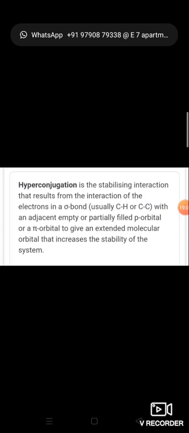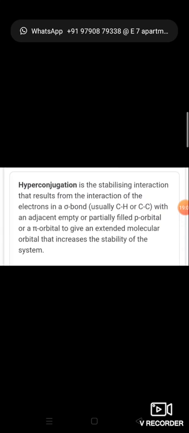In chloroethane, CH3CH2Cl, the carbon and chlorine bond is a polar covalent bond, polarized in such a way that the carbon attached to chlorine acquires some positive charge, whereas chlorine acquires some negative charge.